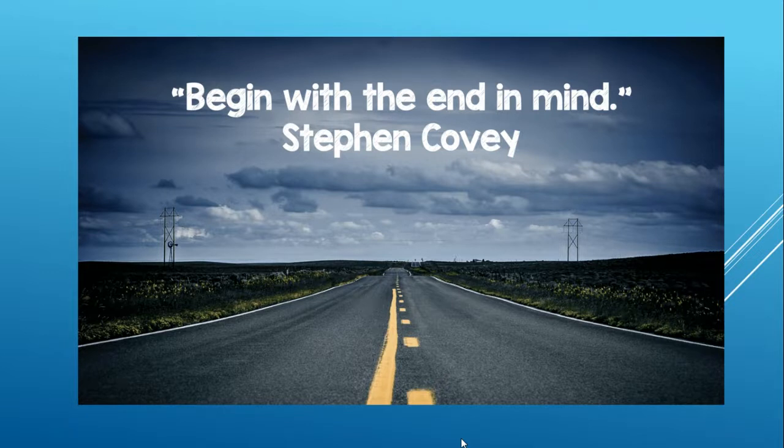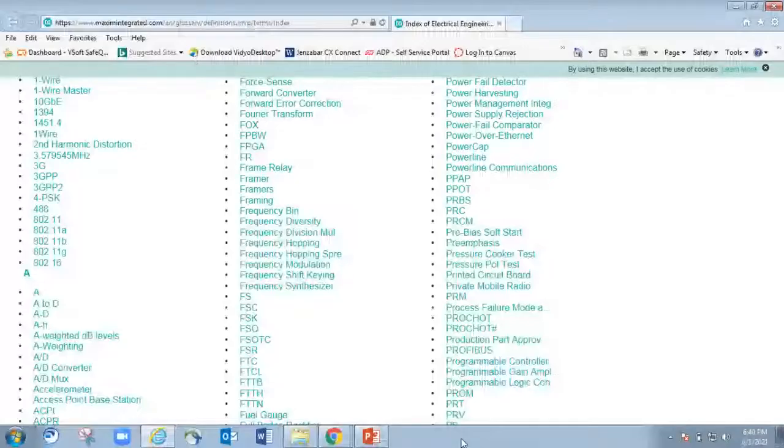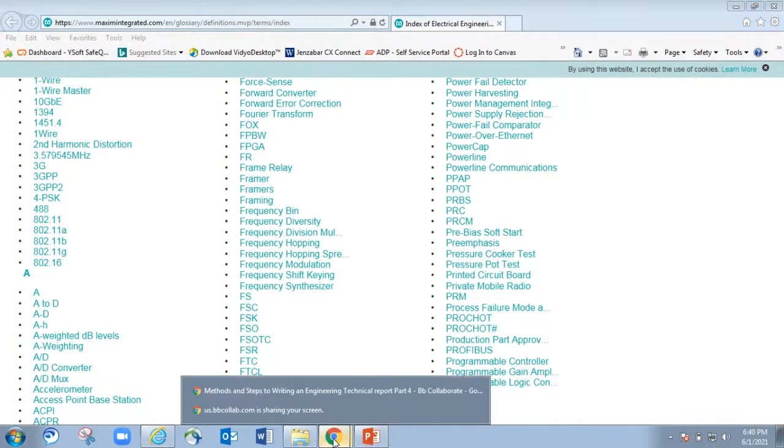If you know that you are doing a capstone or a research paper, start at the very beginning of your bachelor's degree thinking, what am I going to write about? So begin with the end in mind. That's very important. So basically, that is my presentation, the 4 parts of how to write a research paper.